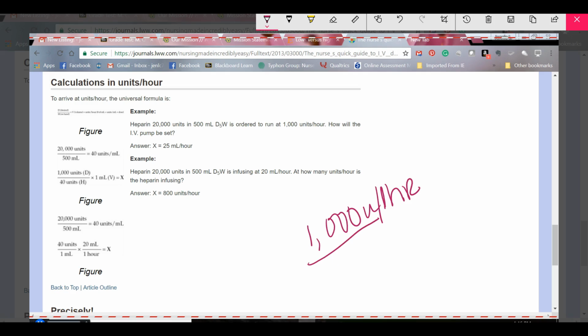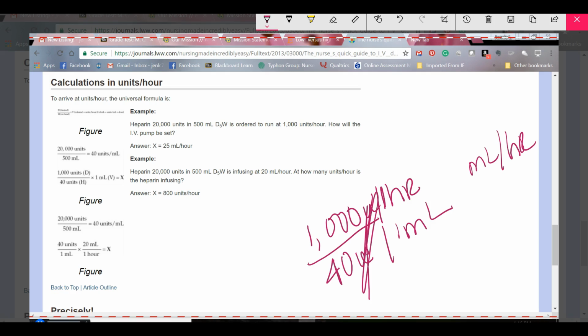So we know we're going to divide that, the 40 units, per mL. So you are just going to cross out these and you end up with mL per hour. This cancels out because it's a 1:1 ratio. So you just do your 1,000 divided by 40 and that would get you 25 mLs an hour.